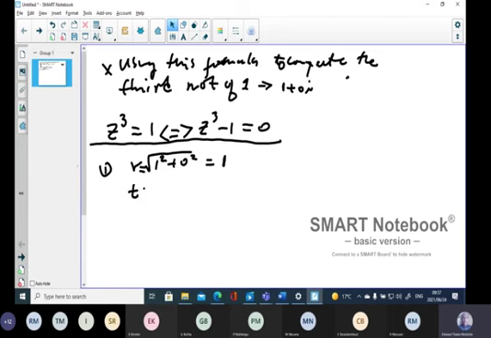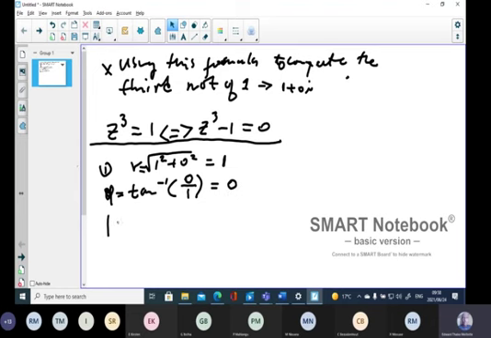And then you look for the angle. So theta, or phi in this case, phi is equal to tan inverse of y over x, so it's 0 over 1, and this is equivalent to 0. Tan inverse of 0 is 0.